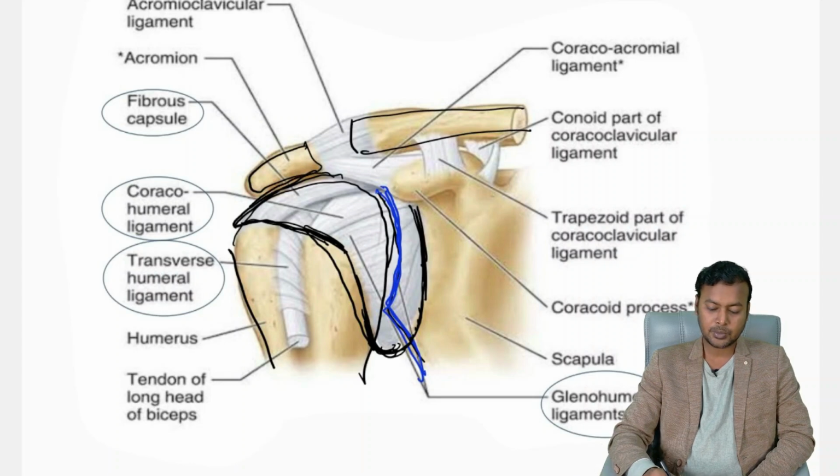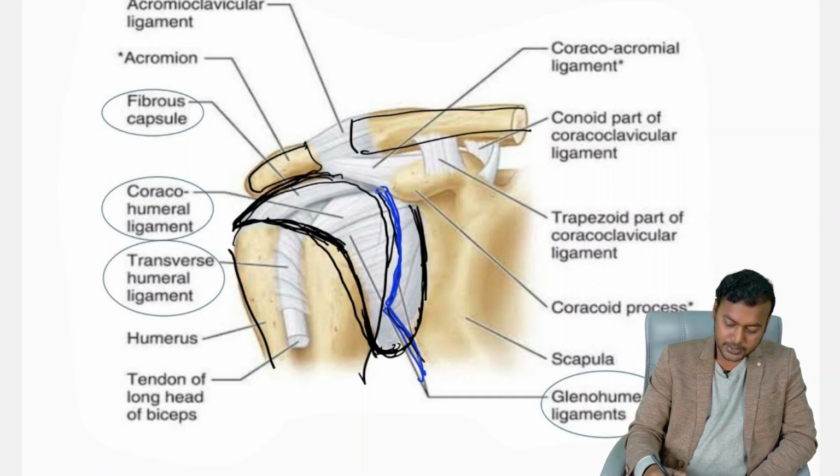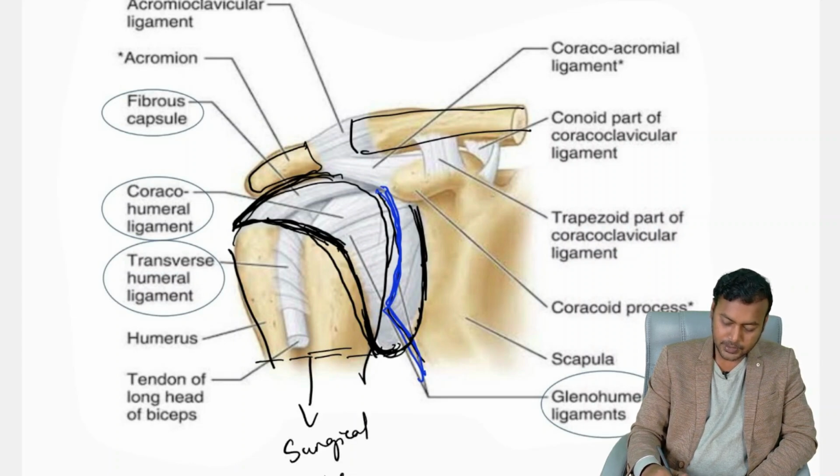So anterior superiorly it is tightly adherent to the anatomical neck, whereas inferiorly it comes down and reaches to the level which is the surgical neck of humerus.